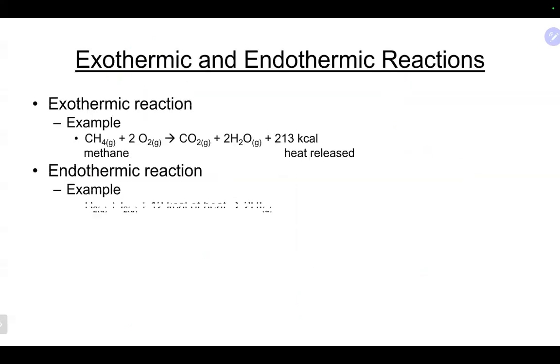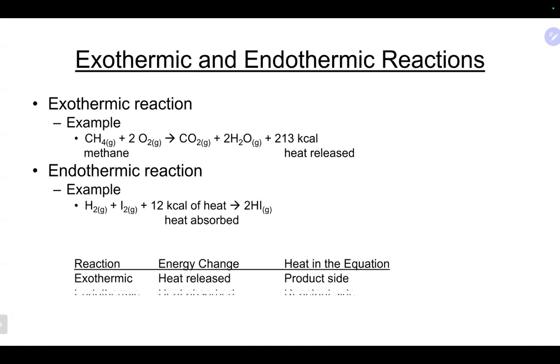Now, sometimes chemical equations and reactions are given to you in a couple of different ways. They will sometimes display sort of the energy component of it. One way is they will actually sometimes just write in the equation, put an energy value, and that's what we see there. We see 213 kilocalories, which is an energy value.